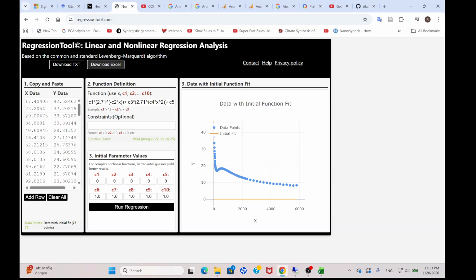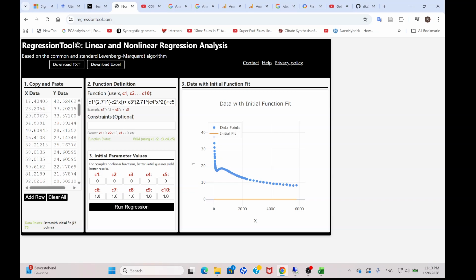With linear regression, if this was a simple linear function like c1x plus c2, it would not need much thoughtful initialization, because almost all the time it will nicely converge and do a nice fitting. But when we have this kind of complex function with this kind of complex data, we need to be more careful.